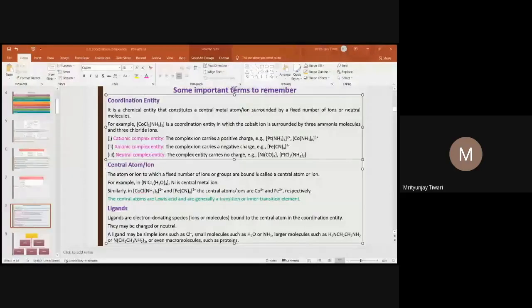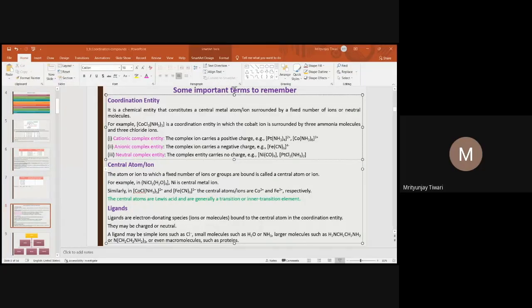If it binds to different metal ions, then it is not called chelation. If the ligand binds through two or more donor atoms to a single central metal, then it is said to be a chelate ligand.